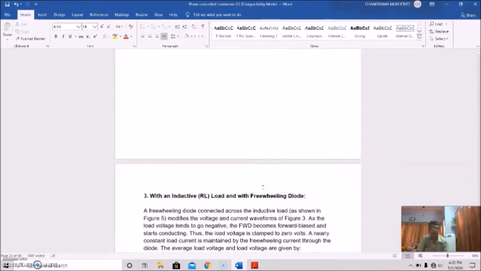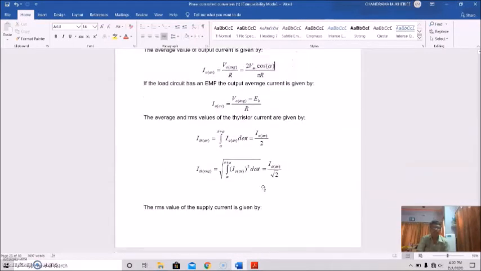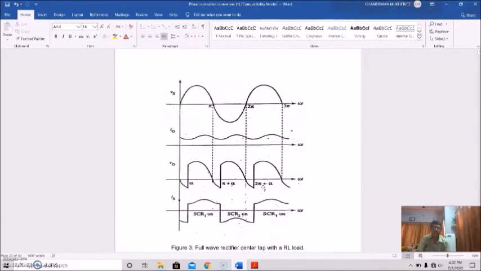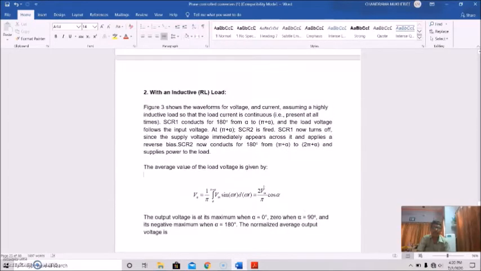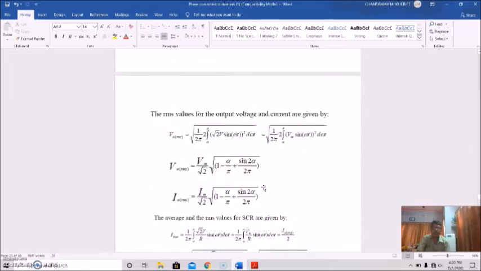Basically the circuit is the same, only the resistive load will be replaced by a resistive inductive load.